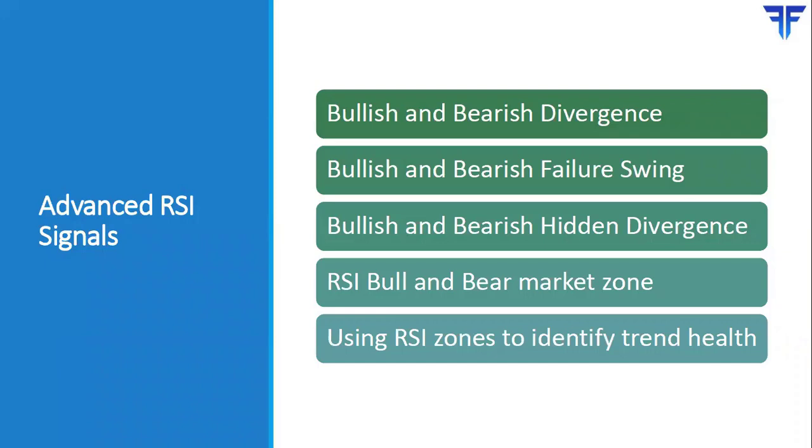And finally, we'll conclude by talking about how to use the RSI zones in order to understand the health of the trend and identify whether a shift in trend is taking place. So these are the 5 headings that we'll cover in today's webinar. Towards the end of the webinar, I'll also show you the RSI indicator on live charts. So stay with me till the end.